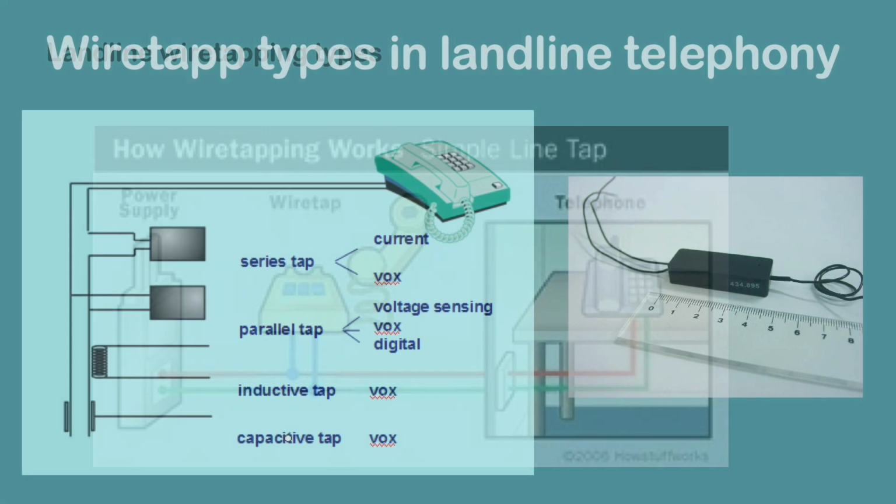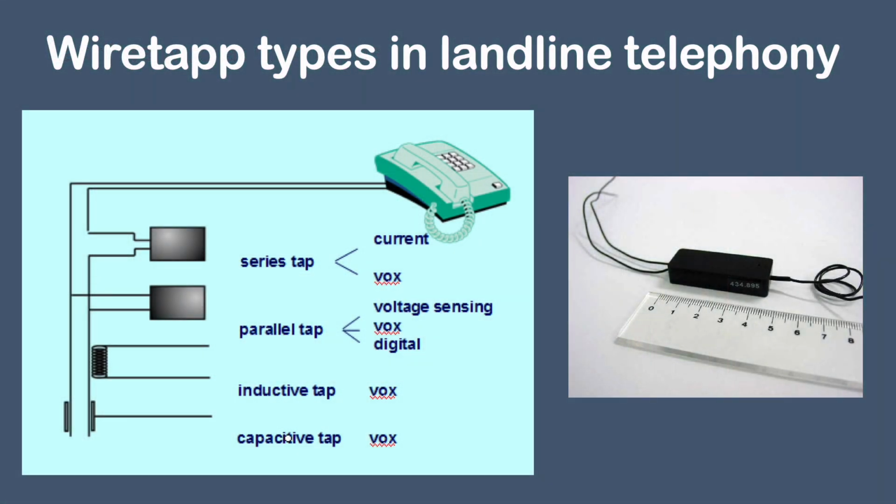So here we can see four types of taps that can be made on the local line of the fixed telephone network. The wiretap is shown in the direct image, and in this case it is a radio transmitter, but it can be done in several other ways, including, for example, local recording by a recorder, or even transmitted via cell phone.